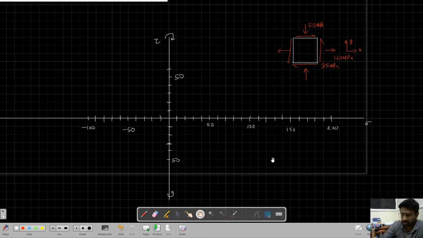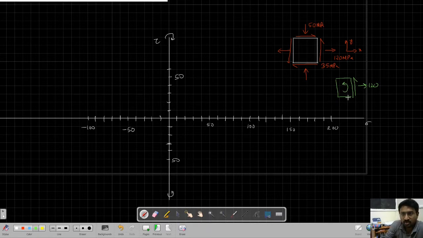So what I will do, I will take one side first. Let's say I will take this vertical plane. In that plane, what we have is a 120 MPa tensile stress and a shear stress in this direction. This shear stress is trying to rotate the element in the anti-clockwise direction. So anti-clockwise direction we have to plot downward.